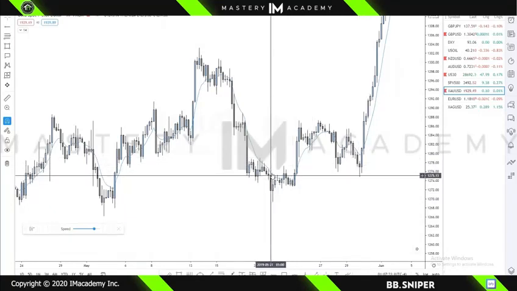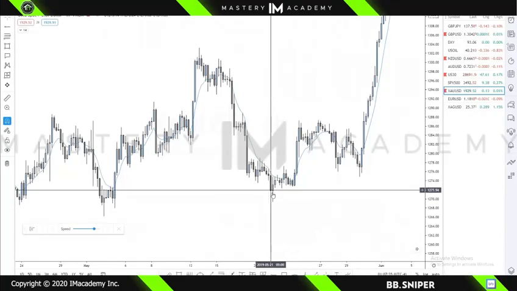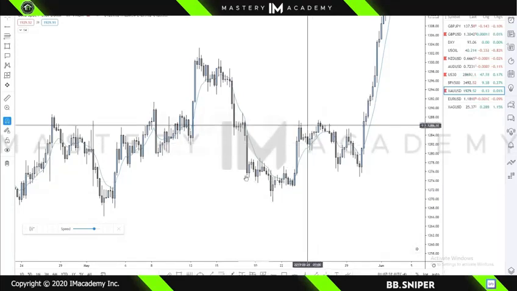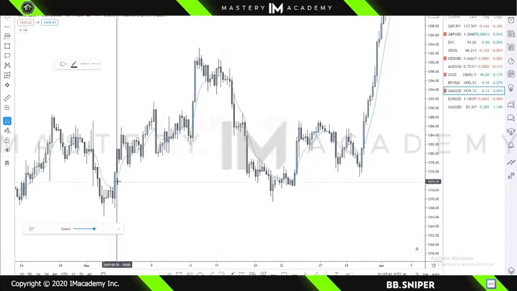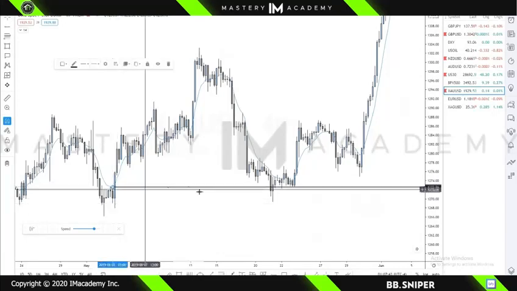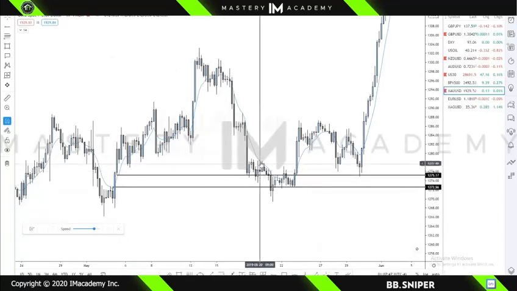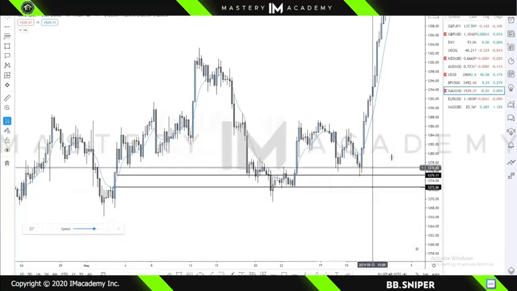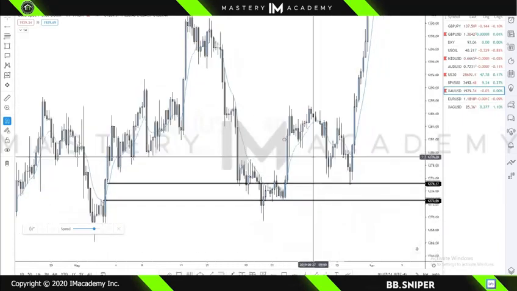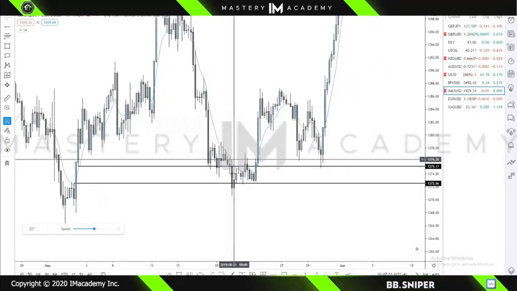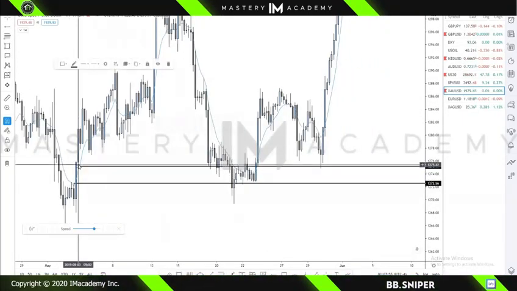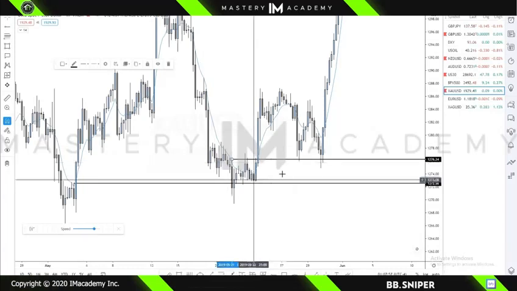But here we have this last bearish candle before this push up. Notice how that candle is the one that fills this imbalance here to the left, right? Completely fills it, right? And so this becomes a high probability institutional candle.